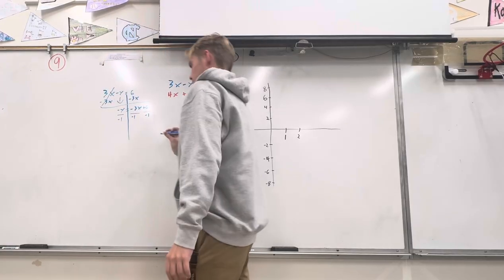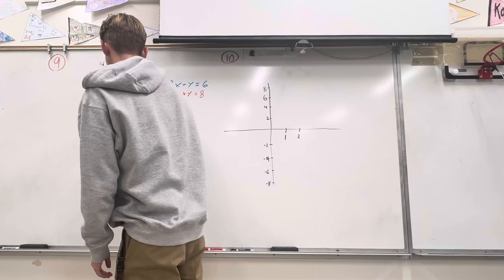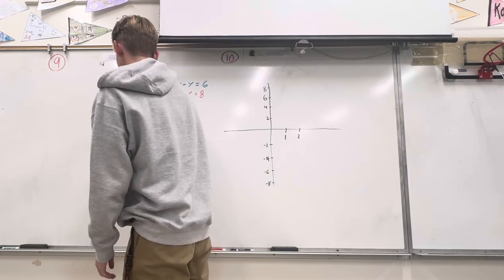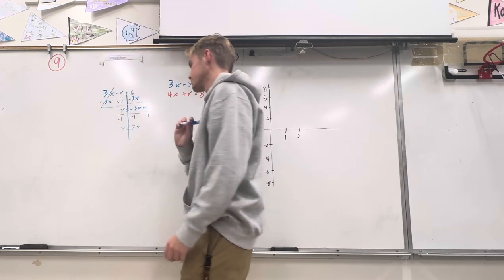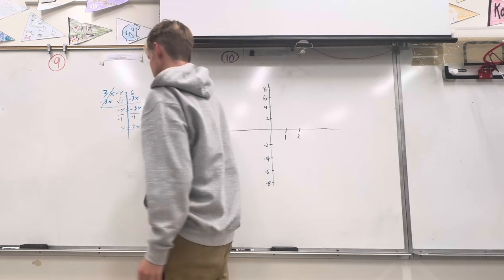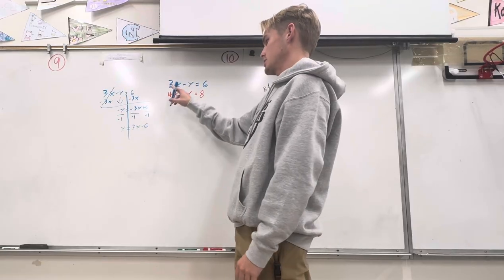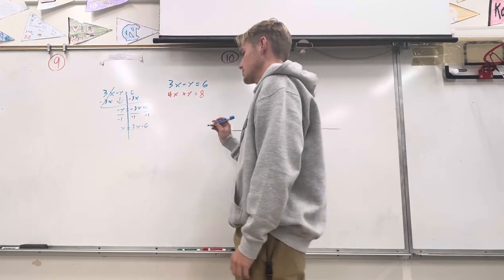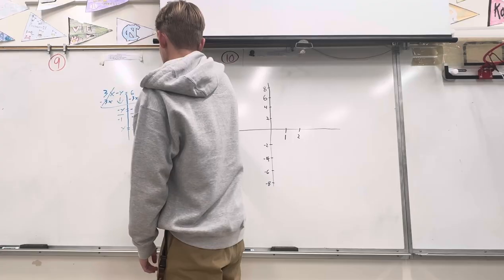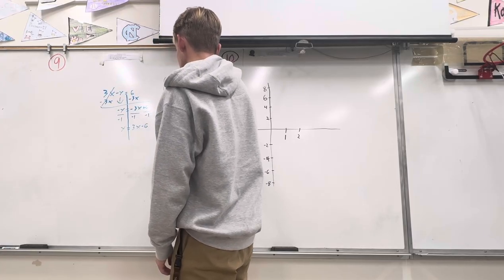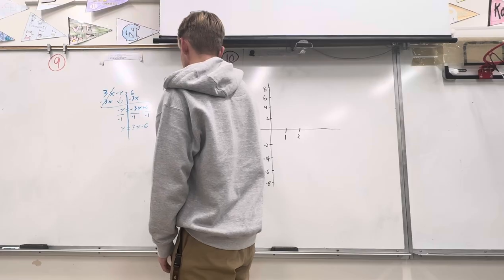Now this becomes the positive y that we're looking for. So we're left with y equals negative 3 divided by negative 1, which is positive 3x, and 6 divided by negative 1, which is just minus 6. So now this top equation is in y equals mx plus b form, and it really is y equals 3x minus 6.